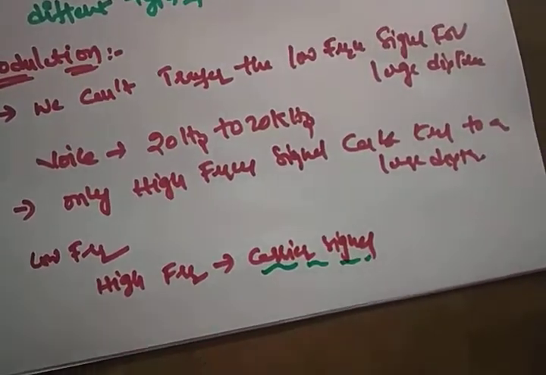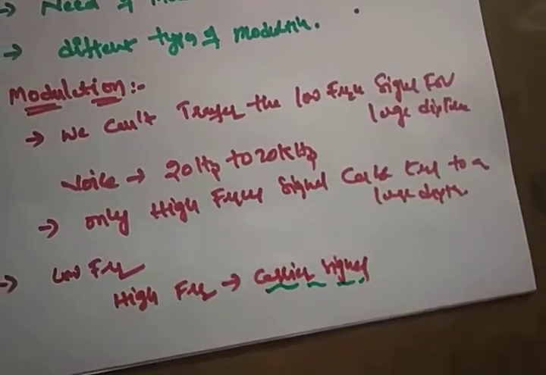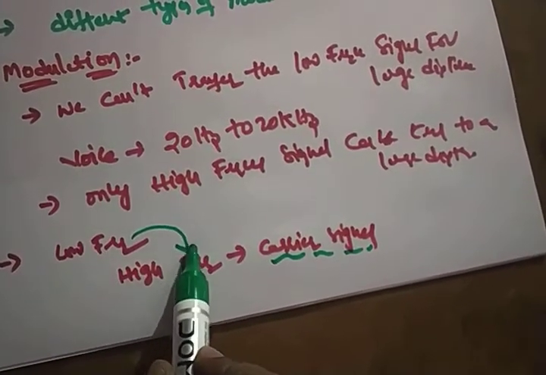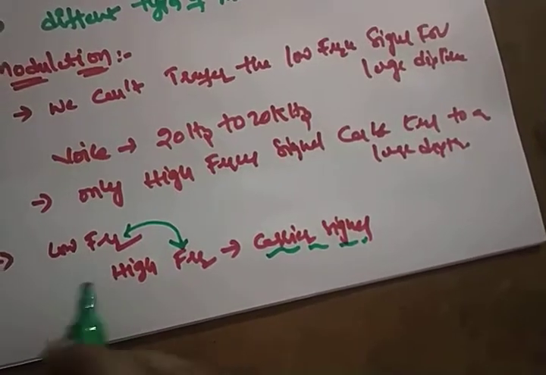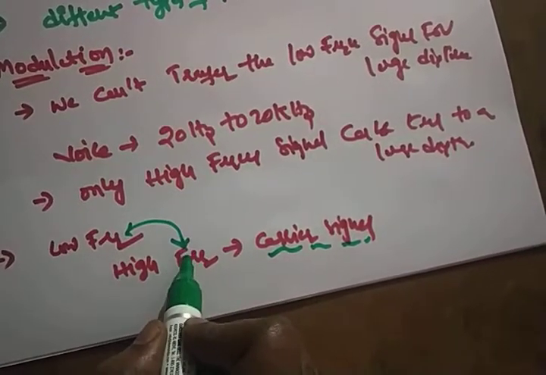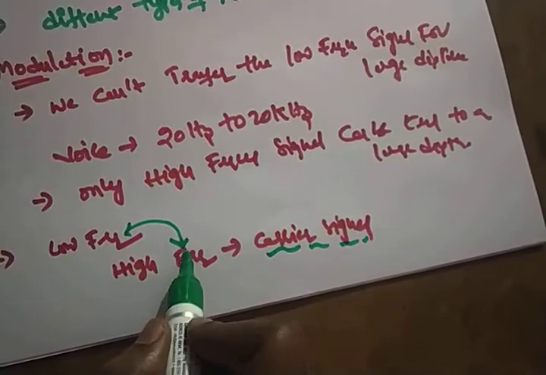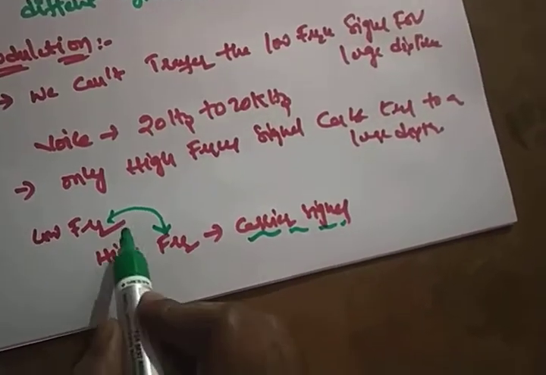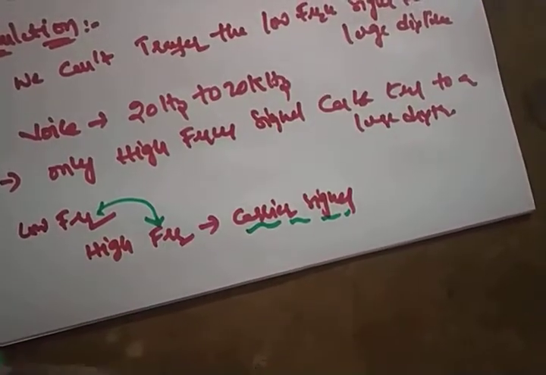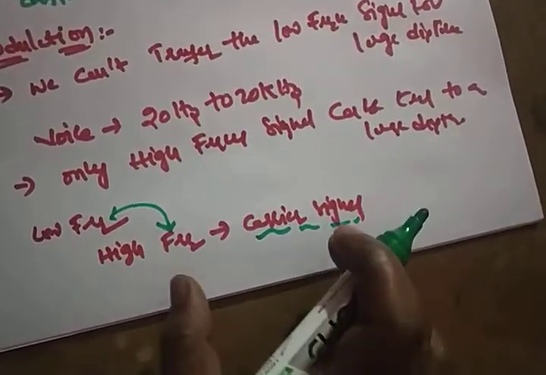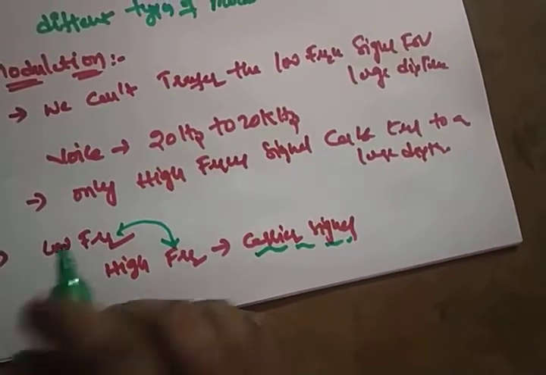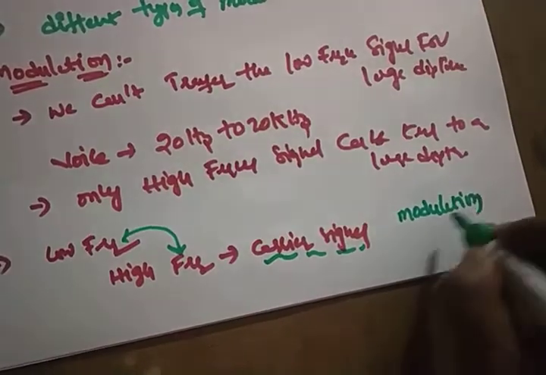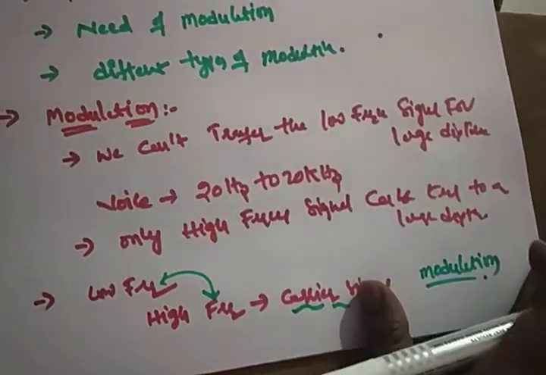Very, very important: the carrier signal is always a high frequency signal. So you have to match the low frequency signal with the high frequency signal. Then this signal is going to be transferred for a large distance. The process of combining a low frequency signal with a high frequency signal we call modulation.